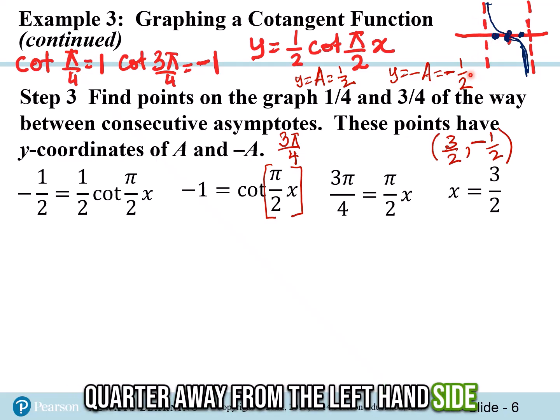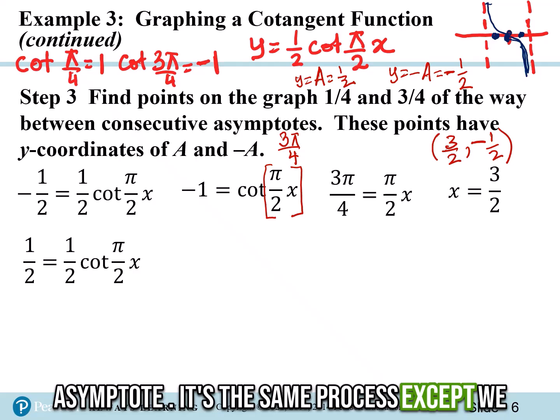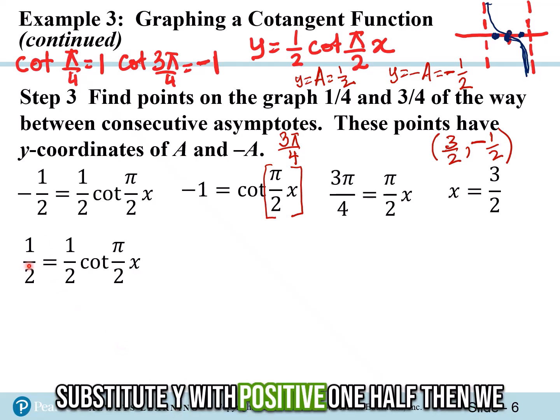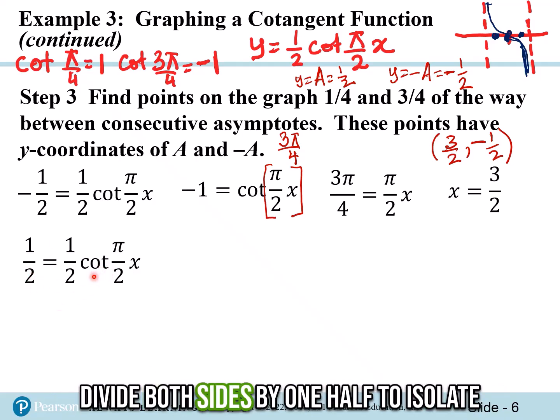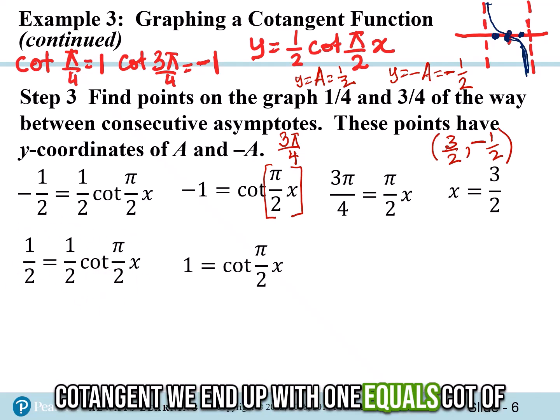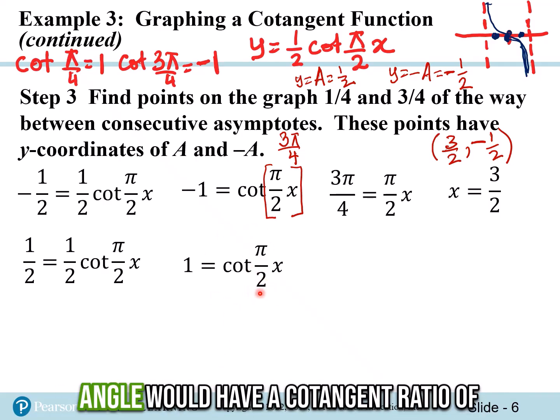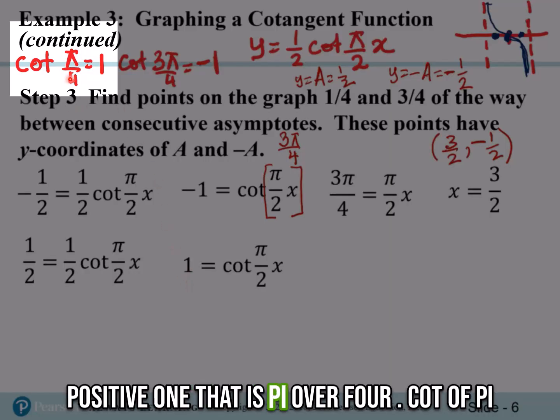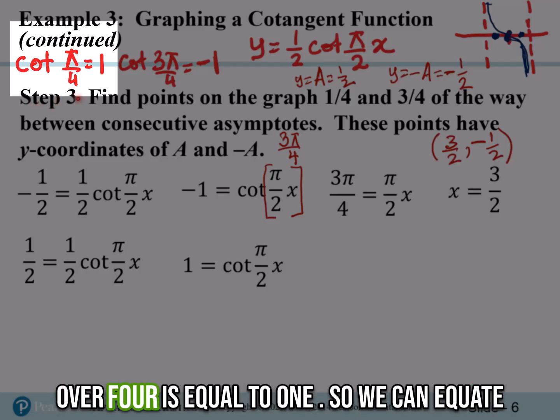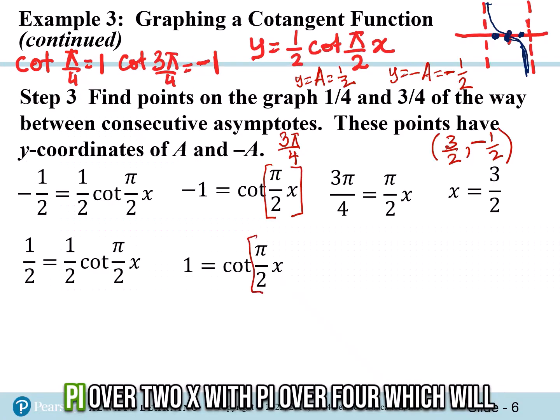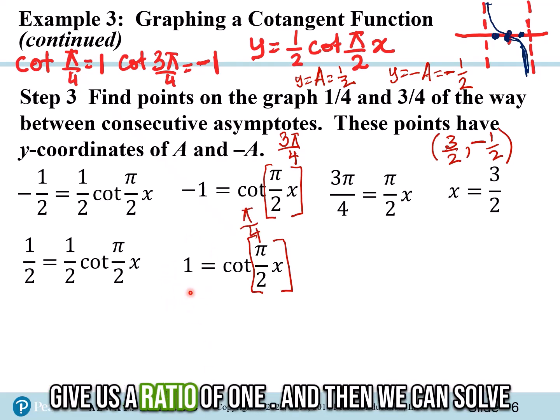Now we have to find the x coordinate when y is 1/2, that is 1/4 way from the left-hand side asymptote. It's the same process, except we substitute y with +1/2. Then we divide both sides by 1/2 to isolate cotangent. We end up with 1 equals cot of pi over 2 times x. But this time, which angle would have a cotangent ratio of +1? That is pi over 4. Cot of pi over 4 is equal to 1. So we can equate pi over 2x with pi over 4, and then solve for x.